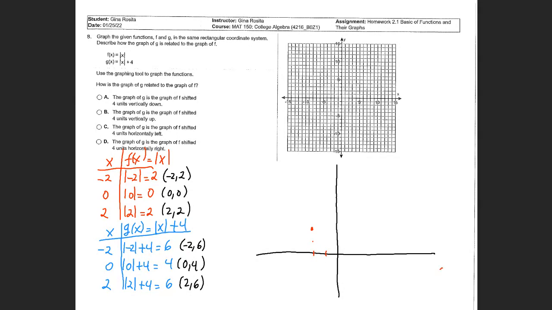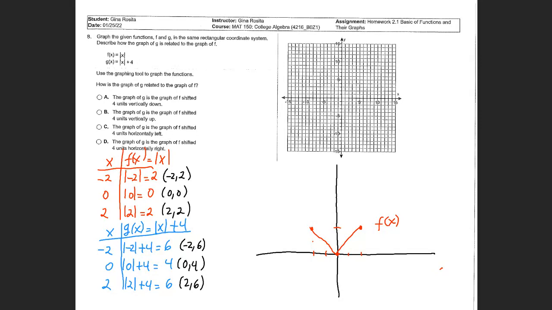What next? 2, 2. 1 and 2 over here. So the graph becomes like this and like this. The red one is f of x. Now for g.